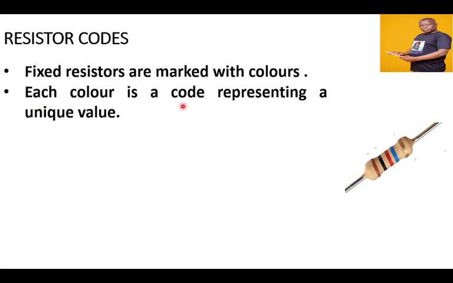Brown has its own value, black its own value, red, blue, as well as gold, each its own value. So when we use these color codes, we can determine the total resistance, and that's what this lesson is going to look at this morning.